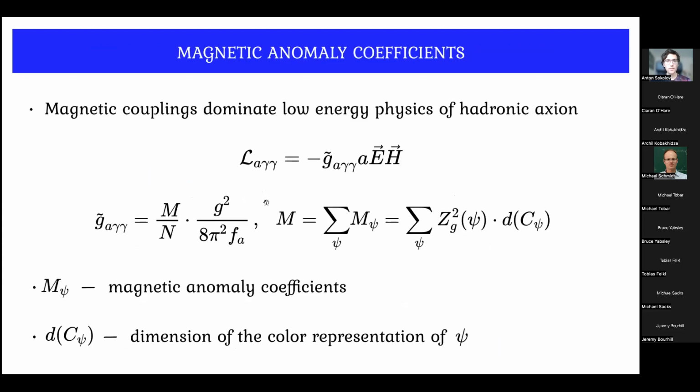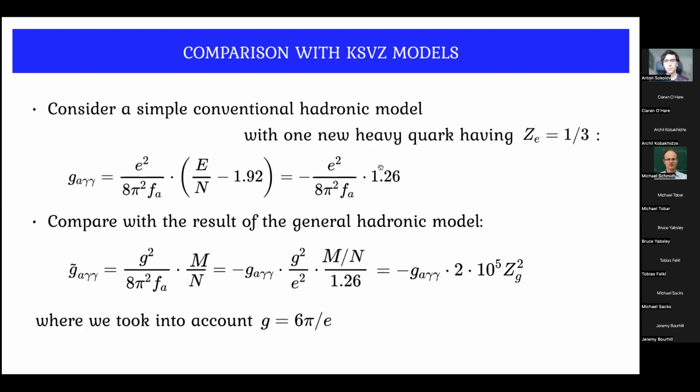So now let us introduce magnetic anomaly coefficients here. By analogy with the electromagnetic anomaly coefficients, we can introduce magnetic anomaly coefficients, which will be proportional to the magnetic charge squared. Then if we perform a simple comparison of the normal g gamma gamma coupling and the new g gamma gamma coupling, which is proportional to g squared, we see that their ratio is proportional to g squared divided by e squared.